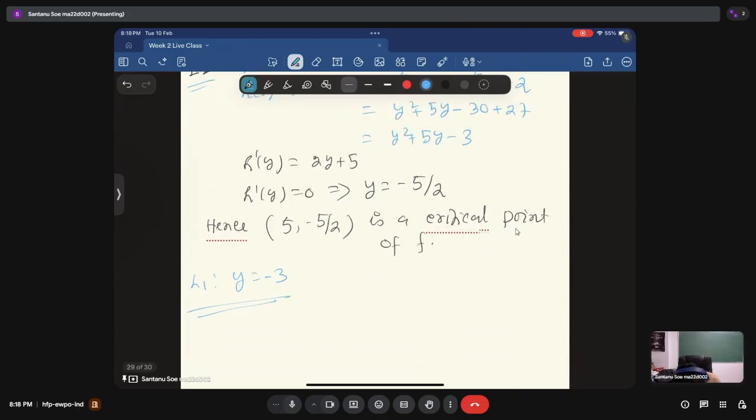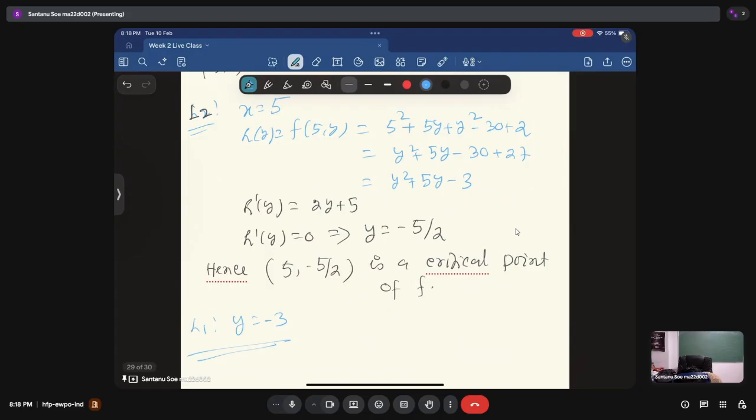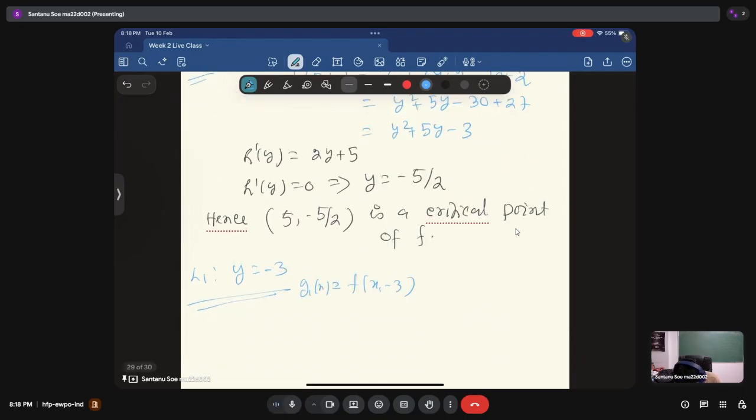So this will be f of x comma minus of 3, and let us call it as g1 of x, and this is gonna be x square minus 3 times x plus 9 minus 6x plus 2.